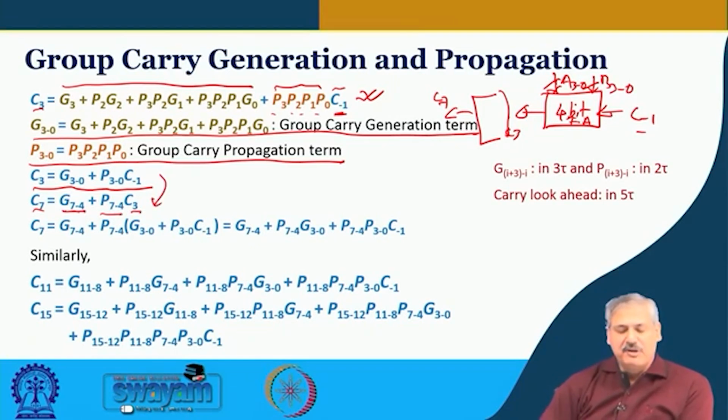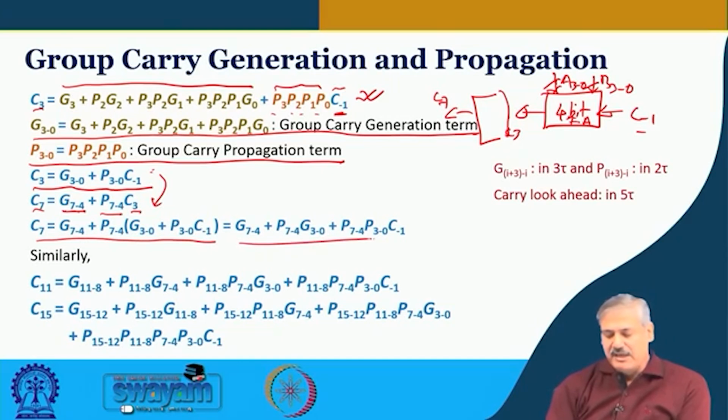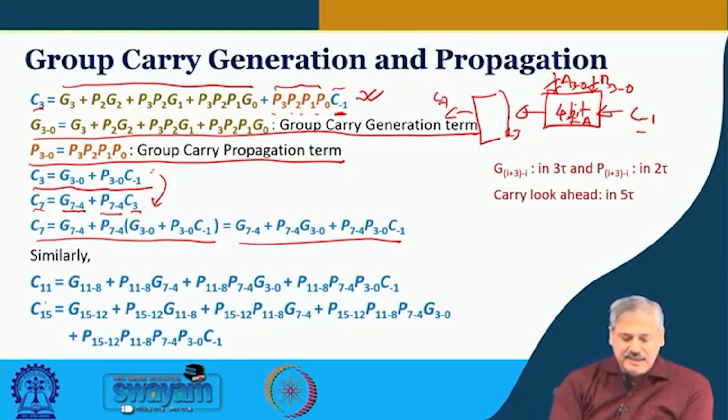For the next particular block we can write it in this manner. Now, this C3 we can substitute from the previous equation over here and then expand it, that is what we will get. This is again identical to the treatment that we had when we developed fast adder. Okay. So, that way we can go on doing it for the next stage and the next stage and all.